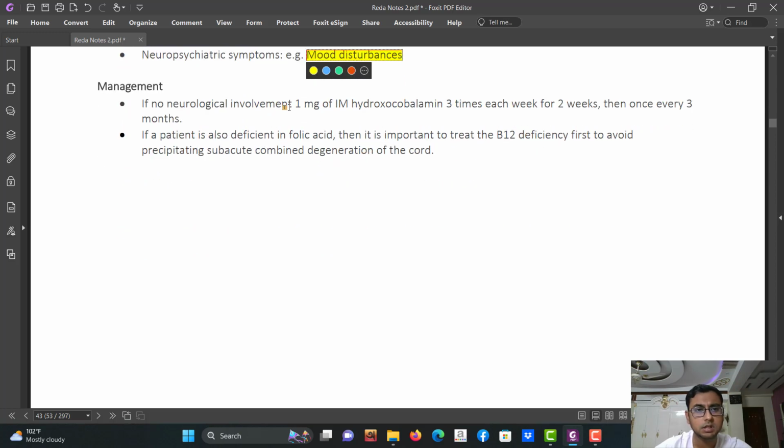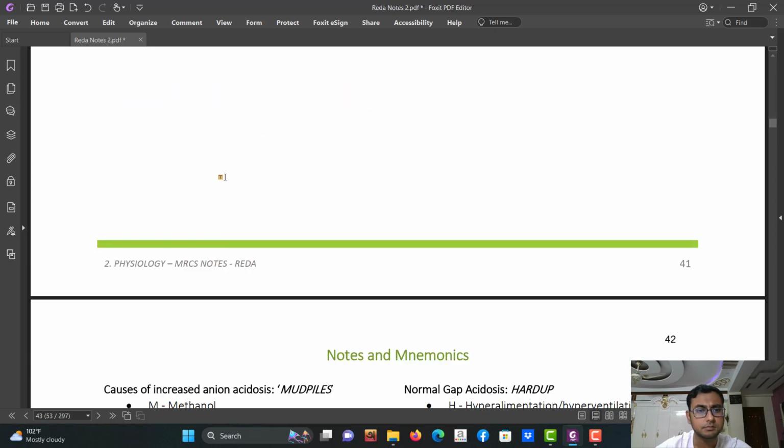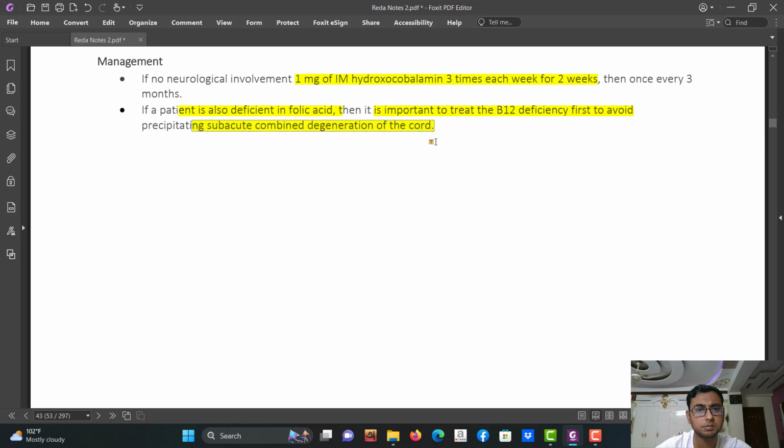If no neurological involvement, give 1 milligram IM hydroxocobalamin 3 times a week for 2 weeks. Folic acid deficiency is also important to treat, but treat B12 first. Subacute combined degeneration of the cord is very important because it is asked in the MRCS question bank.